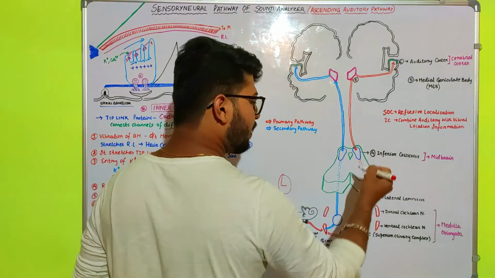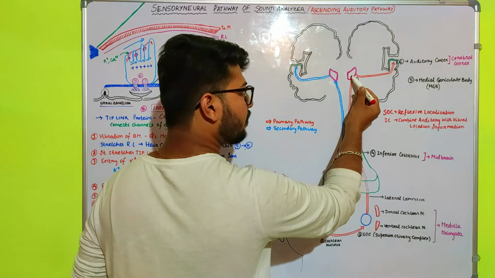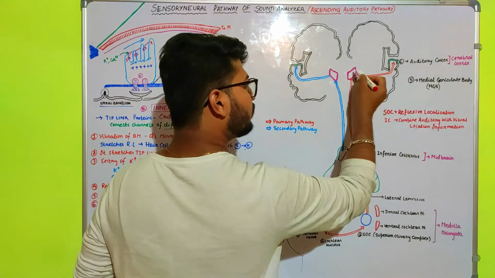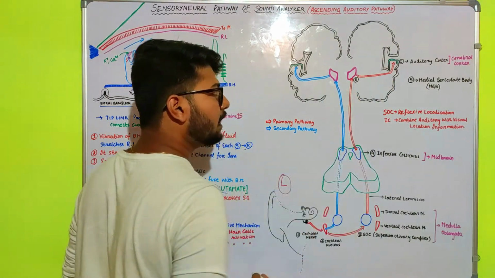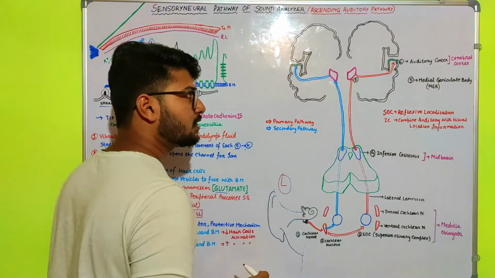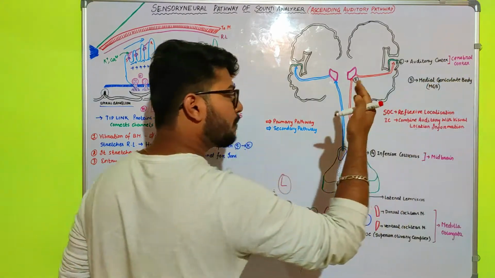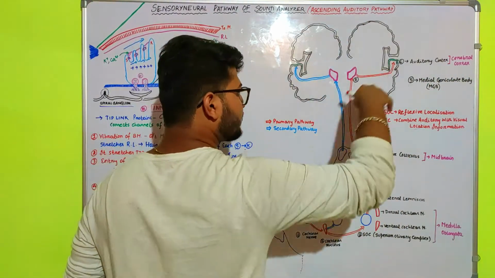So the primary pathway remains on the contralateral side and next forms the synapse at the medial geniculate body of the thalamus, and from the thalamus through the internal capsule it is going to innervate the auditory cortex, and this auditory cortex of the cerebral cortex is present at the lateral sulcus of the cerebrum.